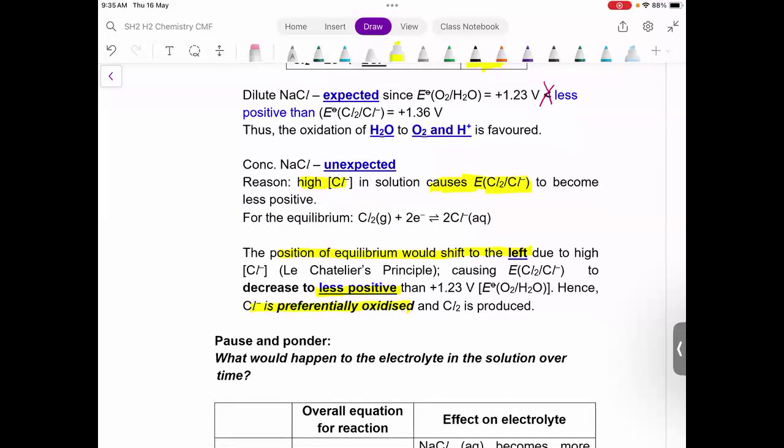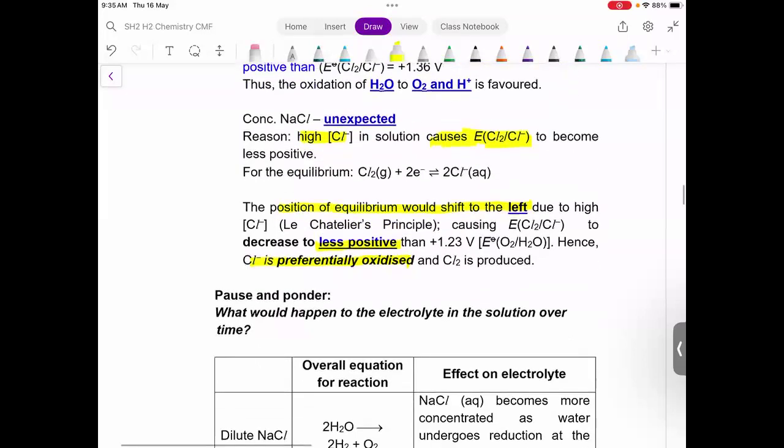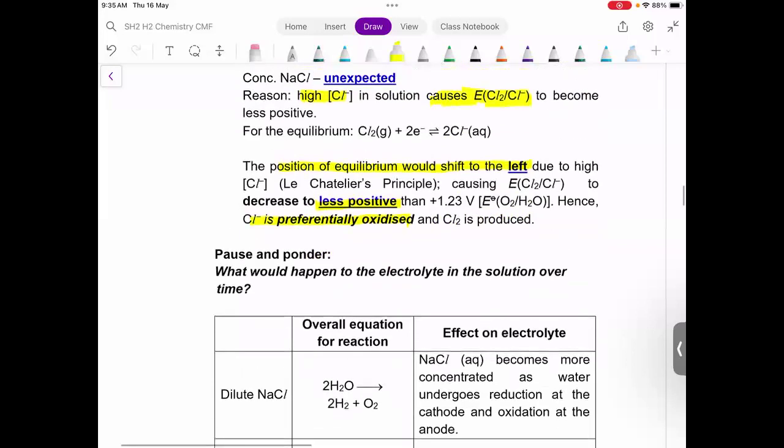Any other cases, any other comparison, it must be suggested by the question. If the question never says anything, then your assumption is that the concentration cannot override the difference, cannot breach. Only for this.